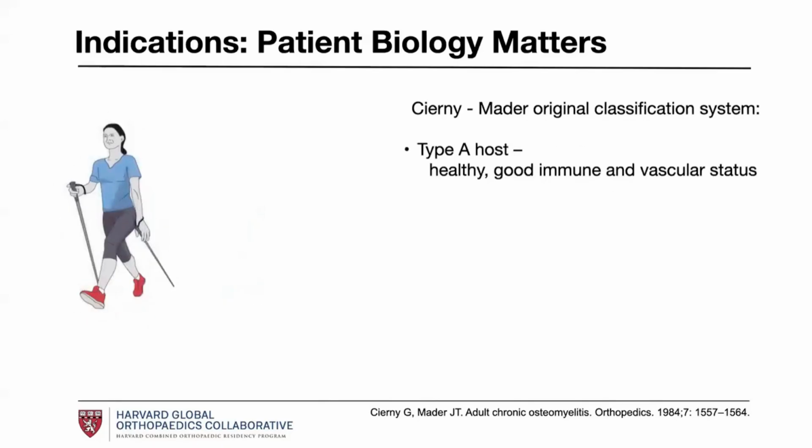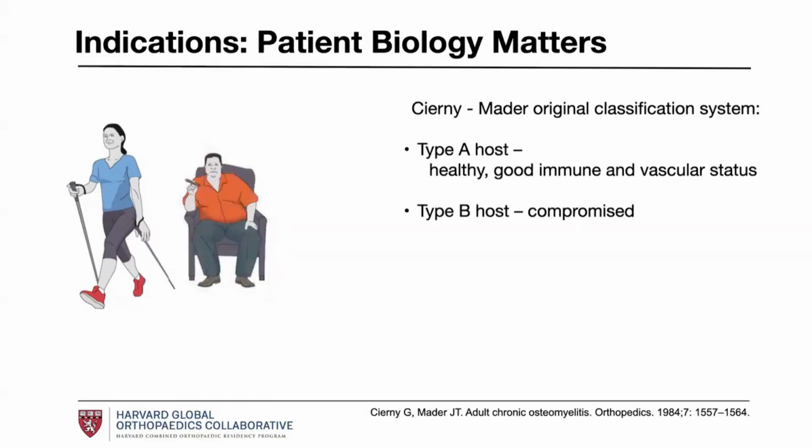Cierny and Mader gave us the original classification in 1984. This is commonly used. They broke up our patient biology, our so-called host, into three separate groups. Type A host being healthy with a good immune system and good vascular status. This is the patient that we all hope to work on.